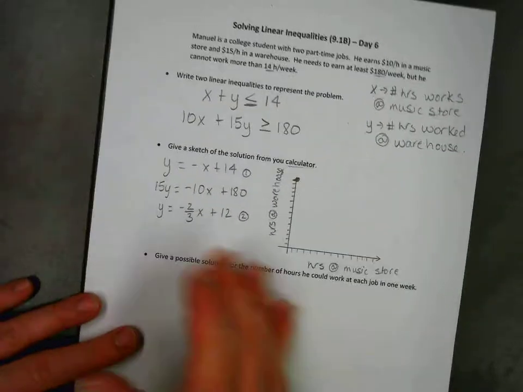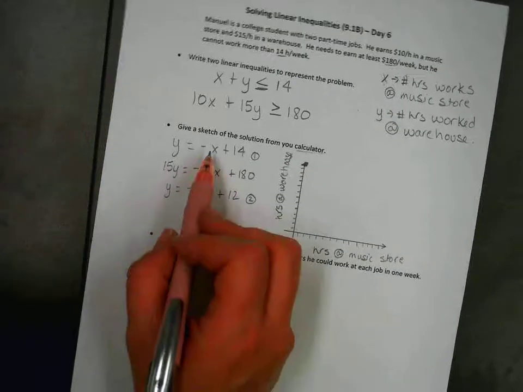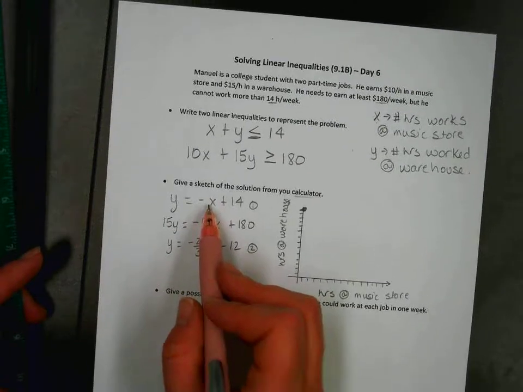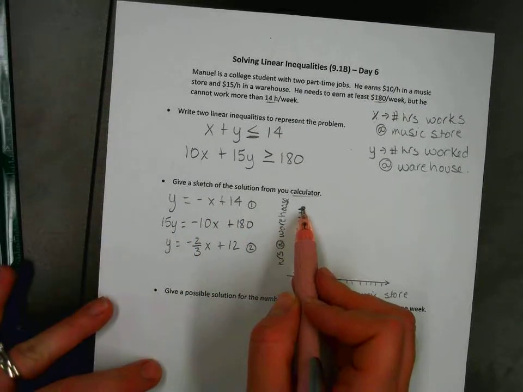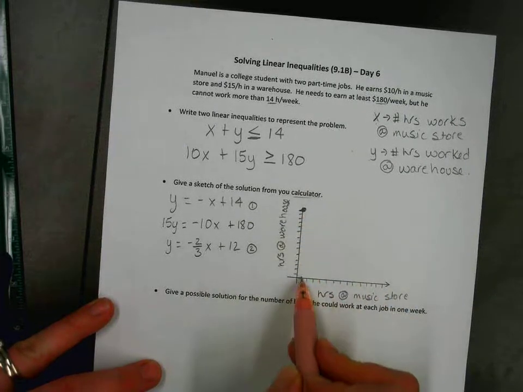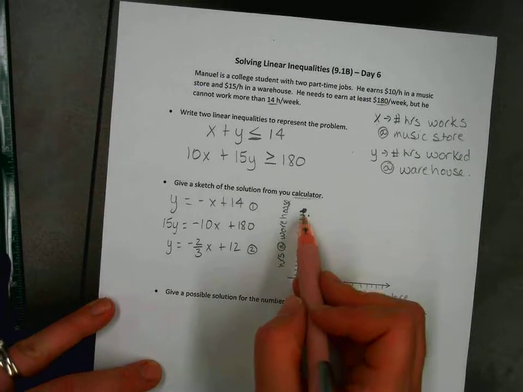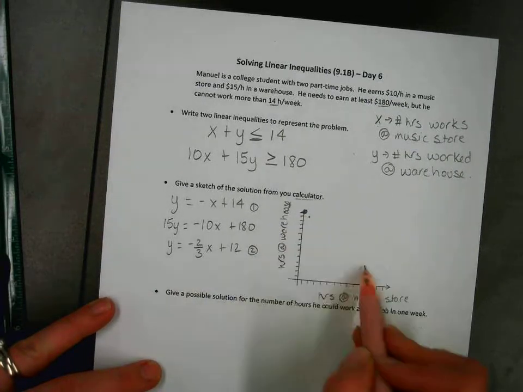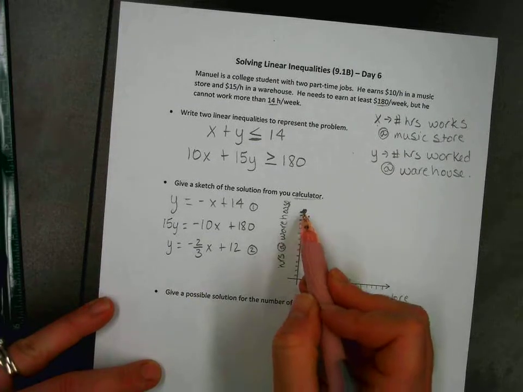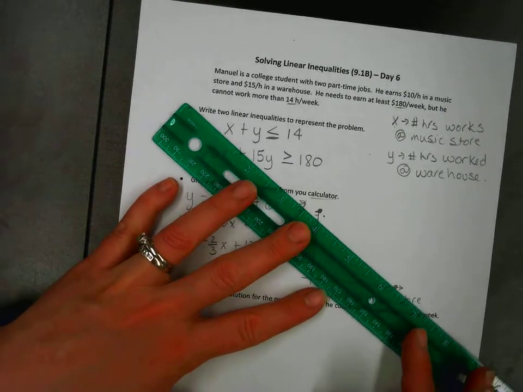This has a y-intercept of 14 and a slope of negative 1. So from this 14, I'm going to go down as many units as I would across. I could go down 1 and over 1, but that would be a hard line to figure out, or I could go down 5 and over 5, or 10 over 10. In this case, because my y-intercept is 14, I'm going to go 14 over as well. Here is my line.